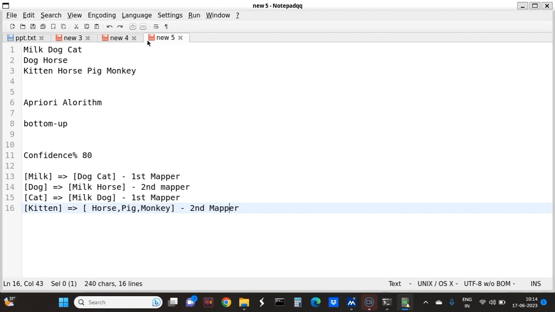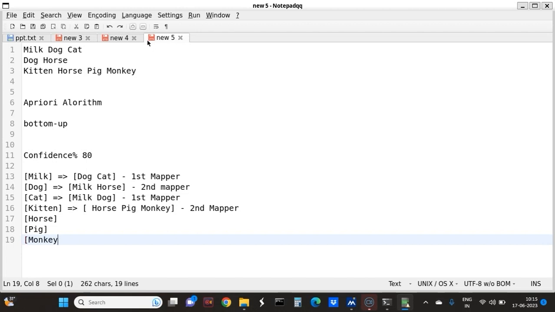And then we have done milk, dog, cat, kitten, horse. Now horse is remaining, pig is remaining, monkey is remaining. So horse, pig and monkey.